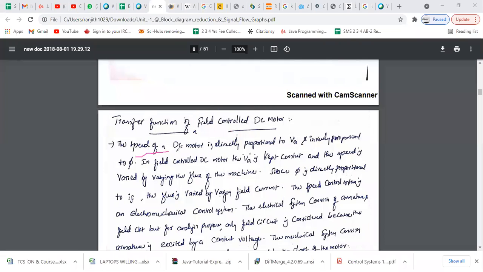See, the speed of the DC motor is directly proportional to VA and inversely proportional to the flux in the field winding. This is what we discussed. So in the field control DC motor, we are keeping VA constant, whereas in the armature controlled DC motor, we keep flux constant. Here the speed is varied by varying the flux of the machine, that is, the flux in the field circuit.